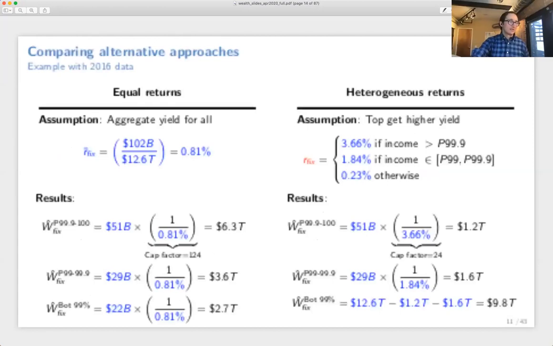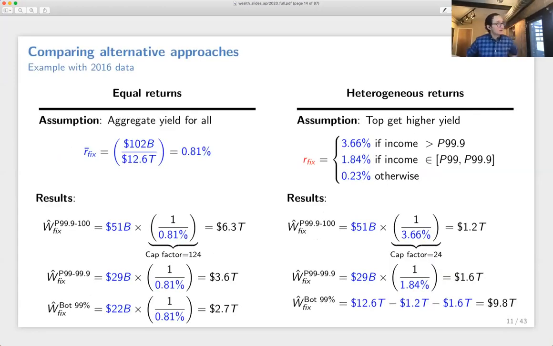It's easier to think through an example with numbers. So here's an example using 2016 data. On the left, there's $102 billion of fixed income flows that's observed on tax returns. There's $12.6 trillion of wealth to allocate. This is going to correspond to an aggregate rate of return of 81 basis points, or equivalently a cap factor of 124.